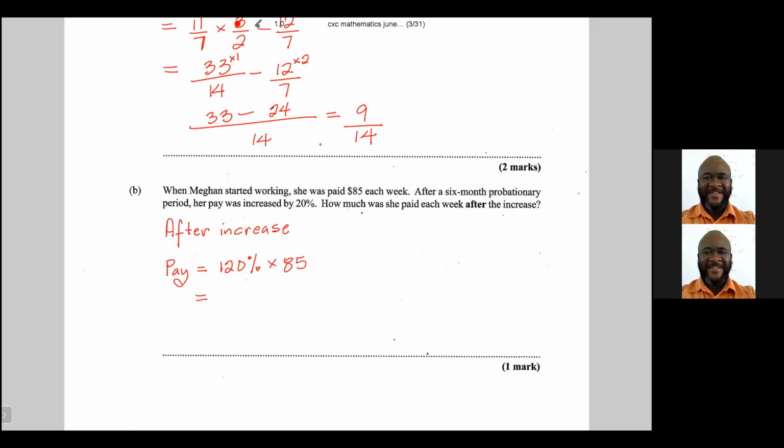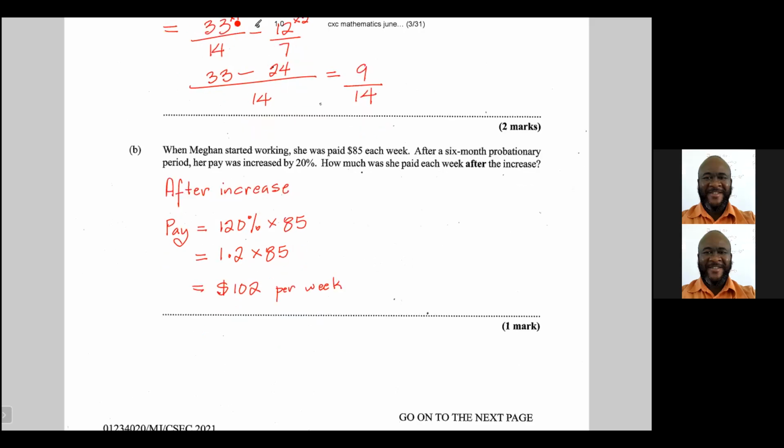Now, 120% is the same as saying 120 over 100, which is 1.2 times 85. So after the increase, her pay will be $102 per week. All right, let's turn the page.